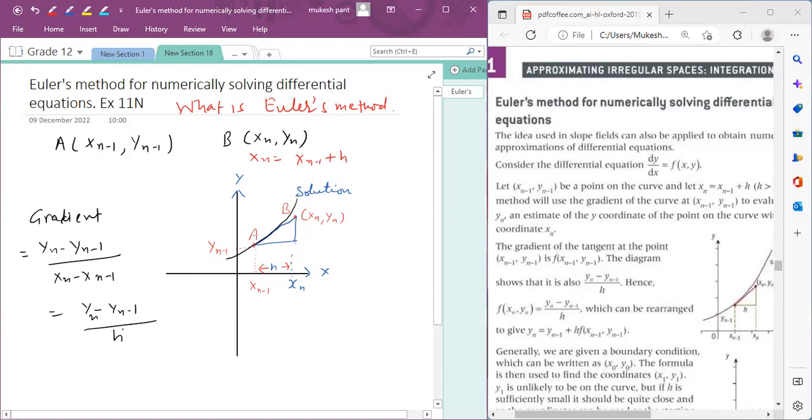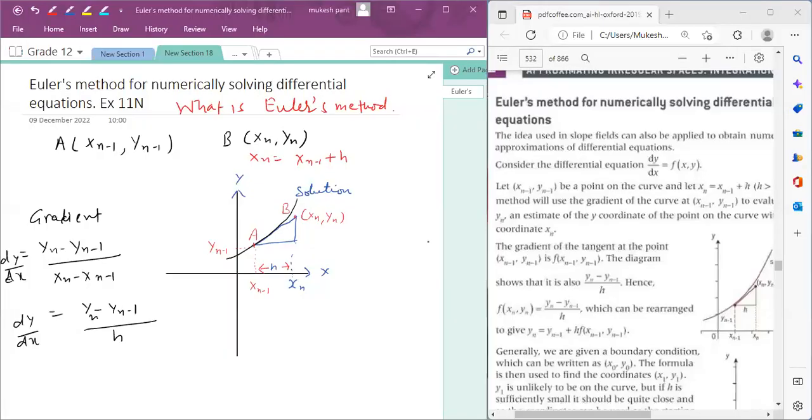But a gradient at a point is always dy over dx. You can write dy over dx, or you can write it in terms of f, or y dash. So this is the gradient, right?